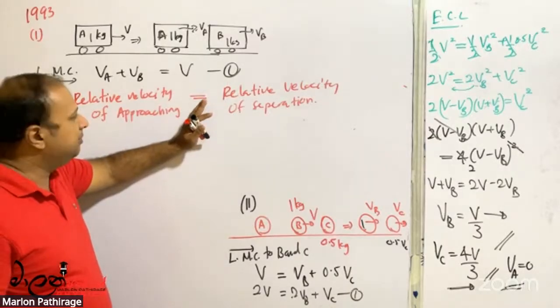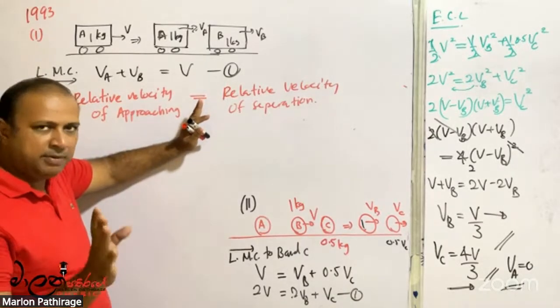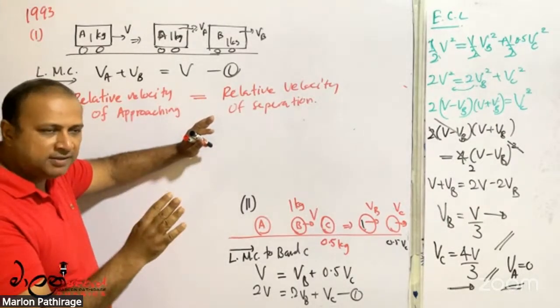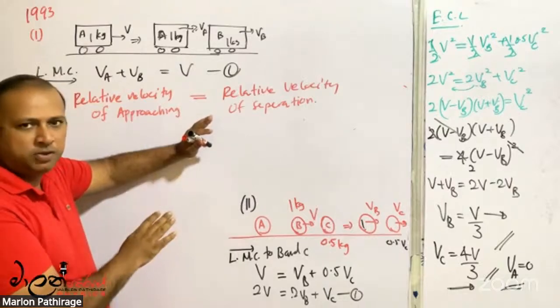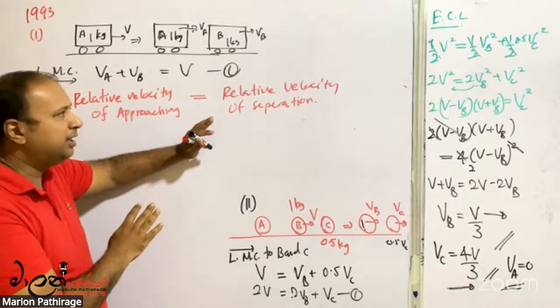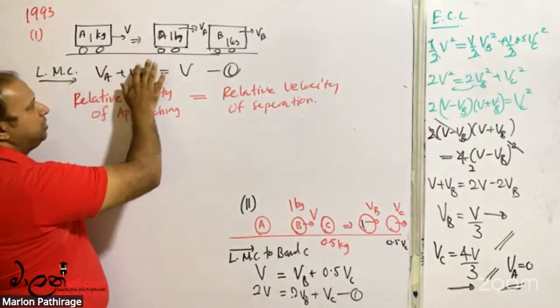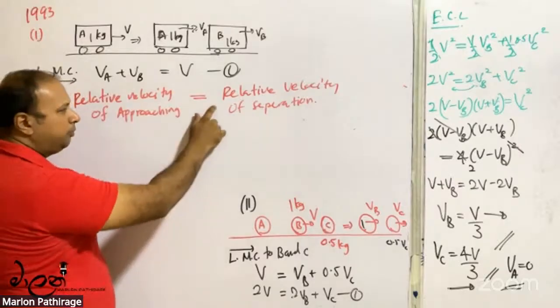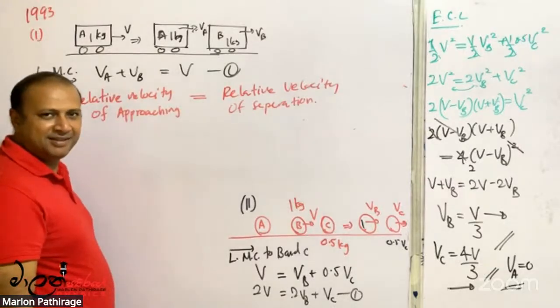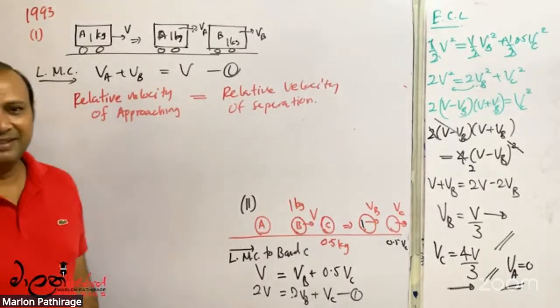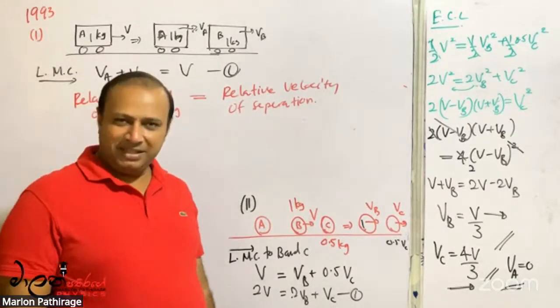Relative velocity, if you take relative velocity with respect to the same object, that means if you take relative velocity with respect to B in both cases, you have to put a minus mark. But it is easy to remember this.